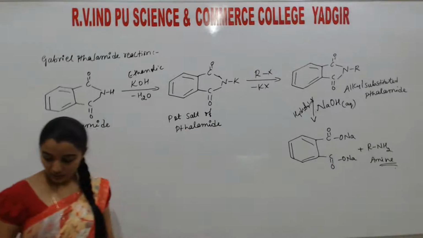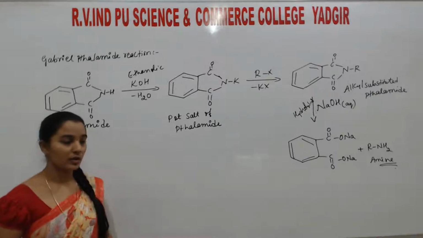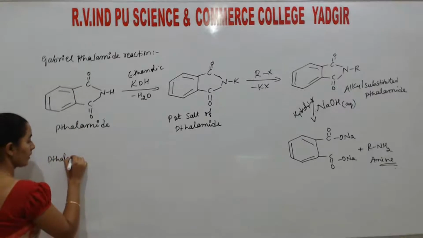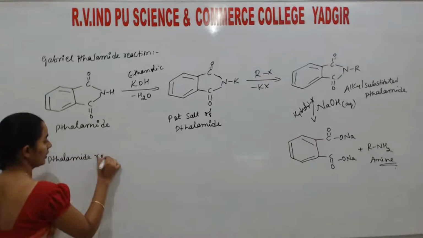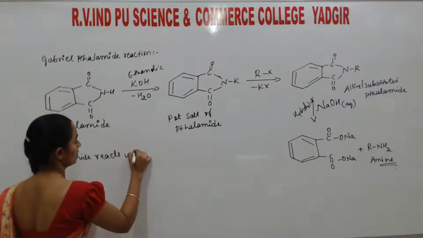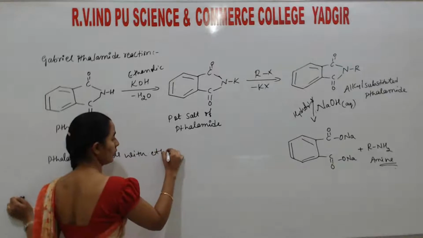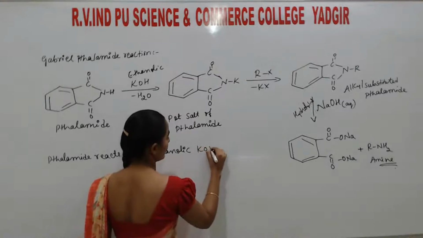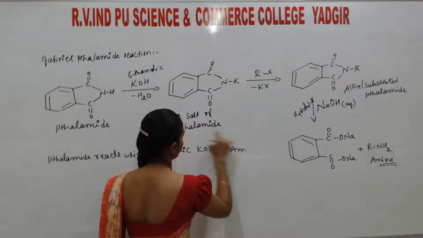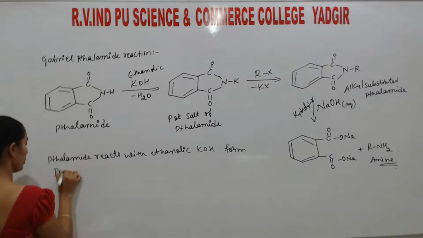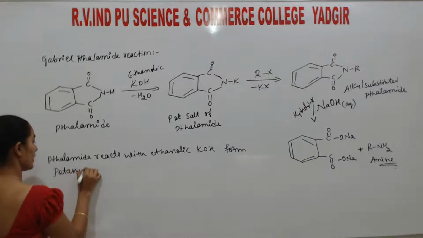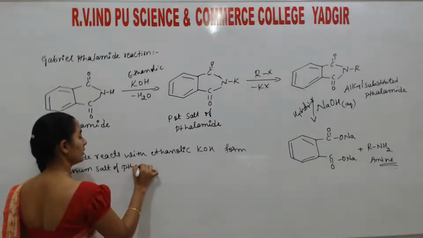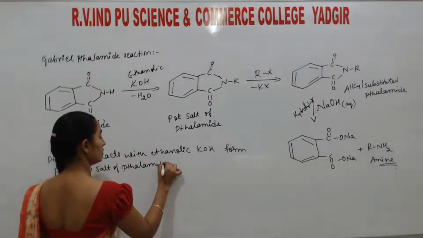So students, they won't ask any explanation here, and if they ask, how do you write? Phthalimide reacts with ethanolic KOH, forms this one, potassium salt of phthalimide.